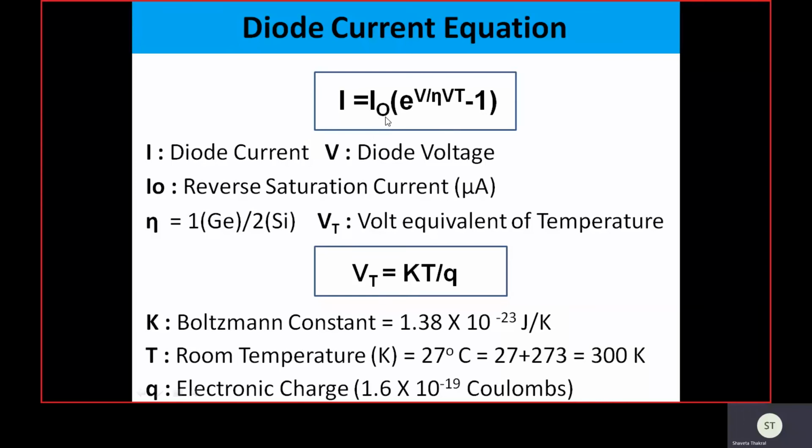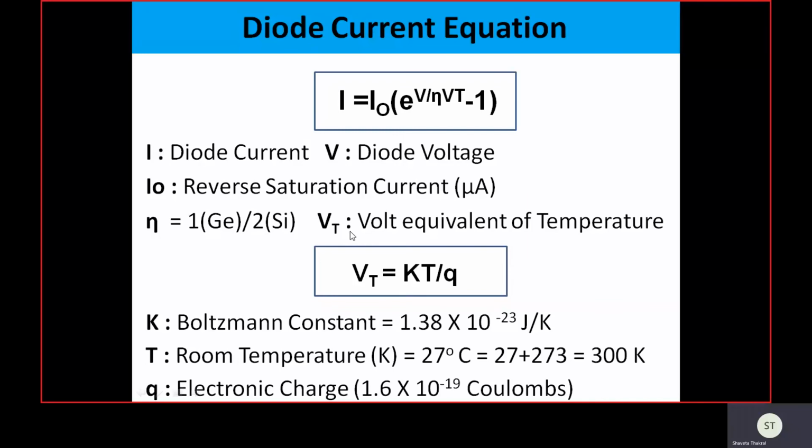These are the ideal diode characteristics, and this is the diode current equation: I is equal to I naught into e raised to power V divided by eta Vt, minus 1, where I is the diode current, V is the diode voltage, I naught is the reverse saturation current, and eta is a constant, 1 for germanium and 2 for silicon.